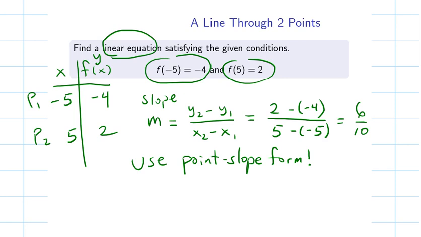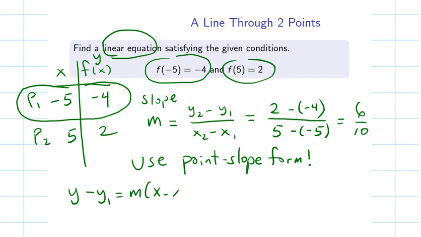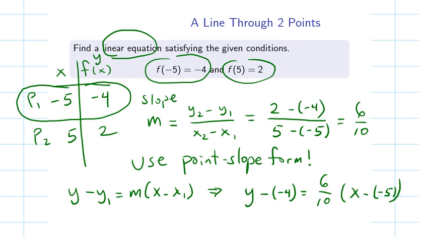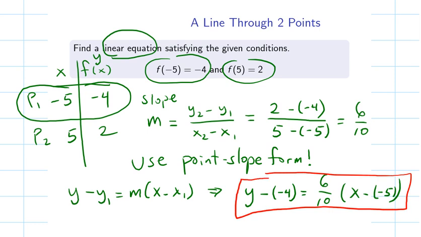We could use either one, and we want y minus y1 equals m times x minus x1, and that becomes y minus negative 4 equals 6/10 times x minus negative 5. And that is a linear equation satisfying the given conditions. And if you want to, you could simplify it.